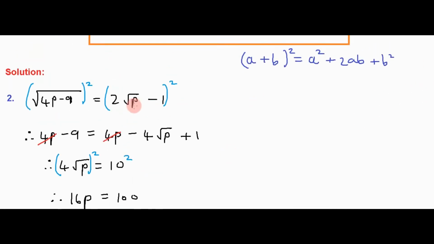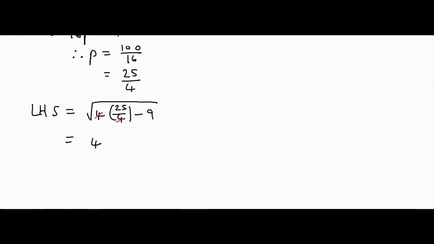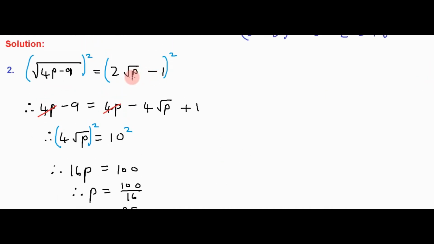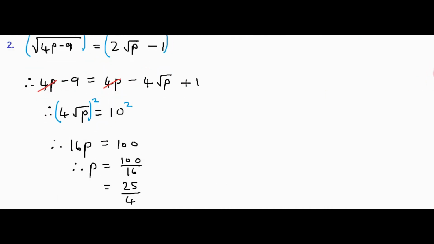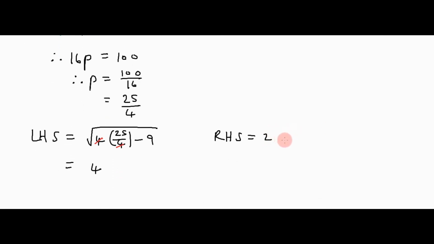Then going to the right-hand side. So checking the right-hand side. The right-hand side, of course, is twice the square root of p minus 1. So twice the square root of 25 over 4 minus 1. And the square root of 25 over 4 is 5 over 2.